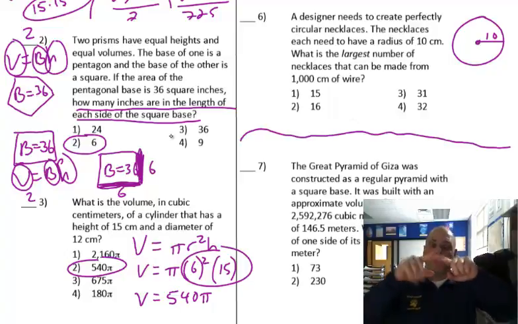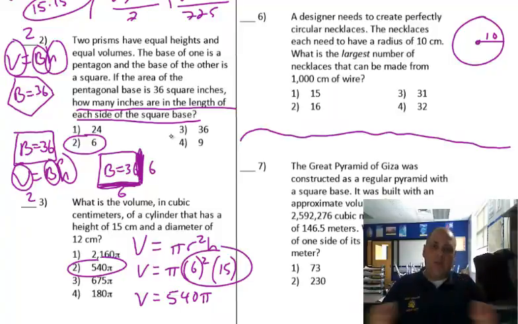If you unravel the necklace, you're making a necklace out of just wire. It's just one long string, and then you make a circle, and then you've got a necklace. So basically the distance around the circle is what we need to know. That's circumference.